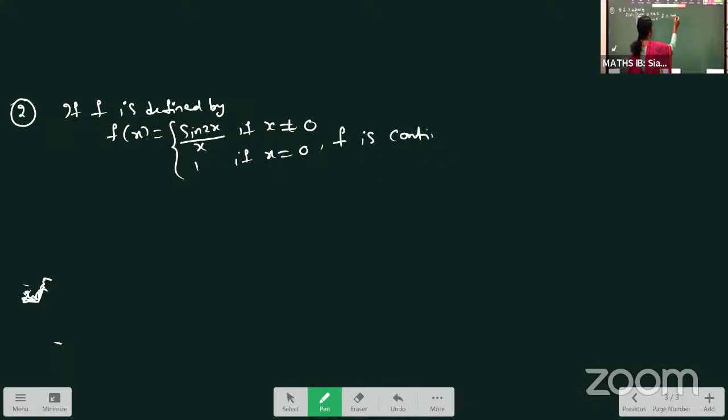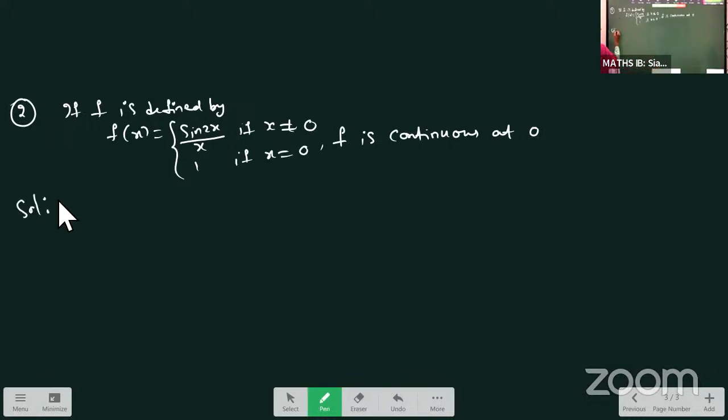It means he is asking us to verify whether it is continuous or not at x is equal to 0. Solution.